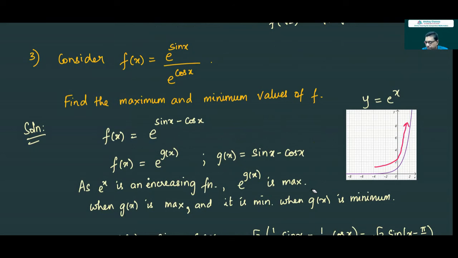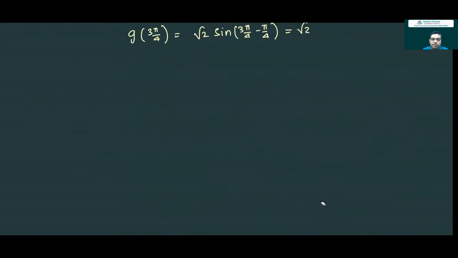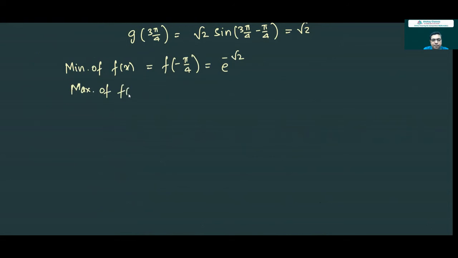So the answer we get for the minimum and maximum value of f: the minimum value of f is f of minus pi by 4, which is e power minus root 2, and the maximum of f is at 3 pi by 4. So this is the minimum and maximum.